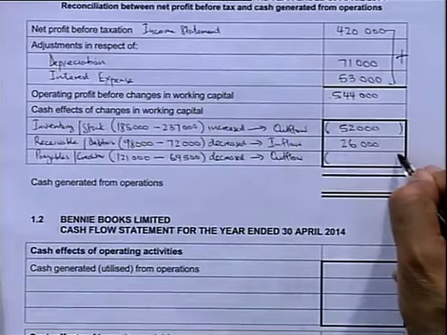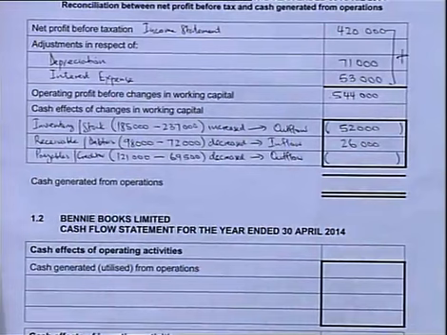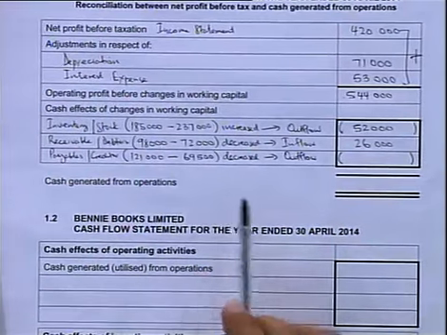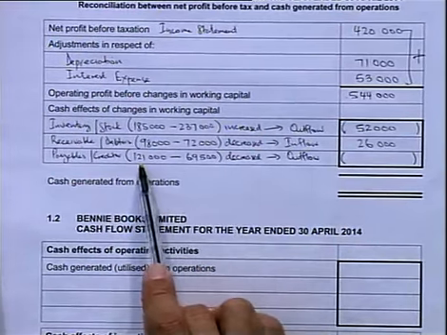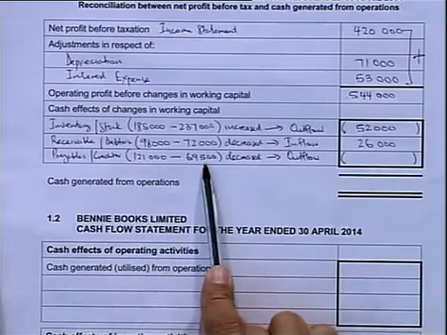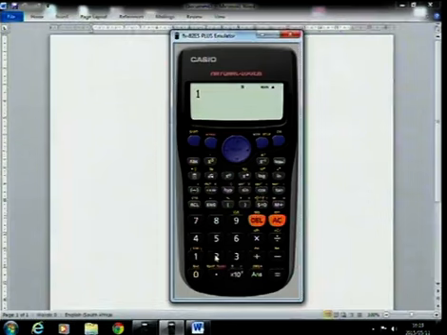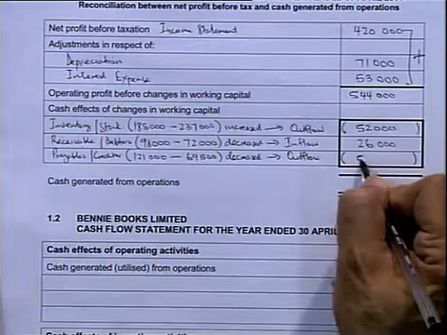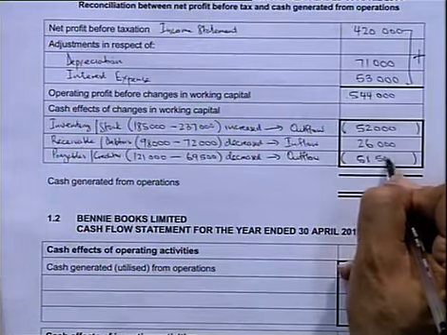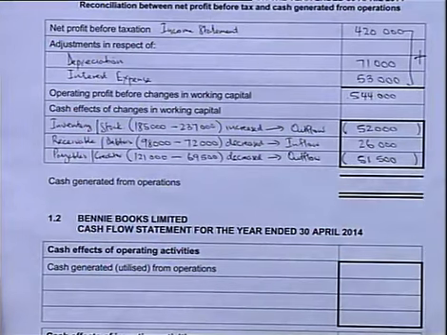So once again, if it's an outflow, we have to indicate the amount in brackets, and in this case it will just be the difference between 121,000 and 69,500. So it's 121,000 minus 69,500. We're going to get 51,500. Okay, let me just mark this one here.